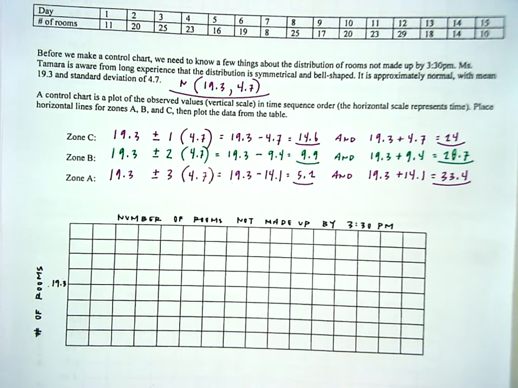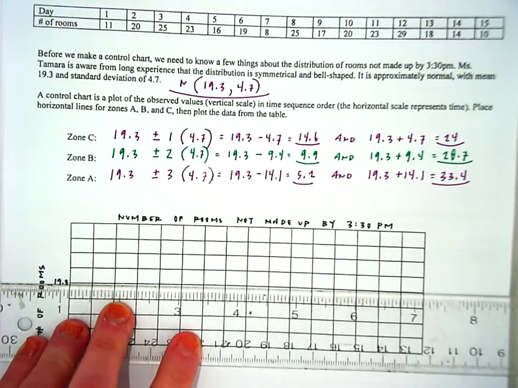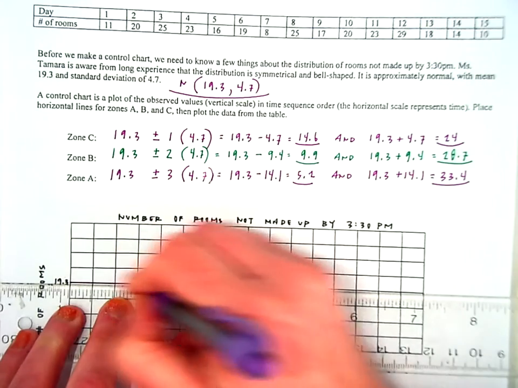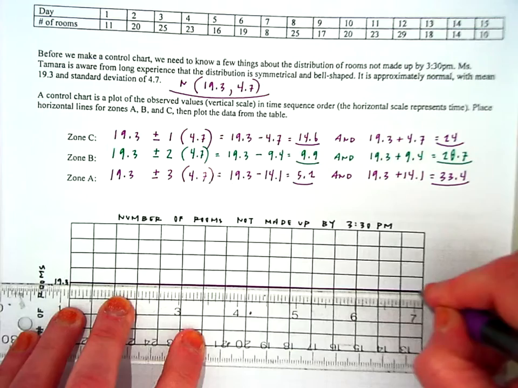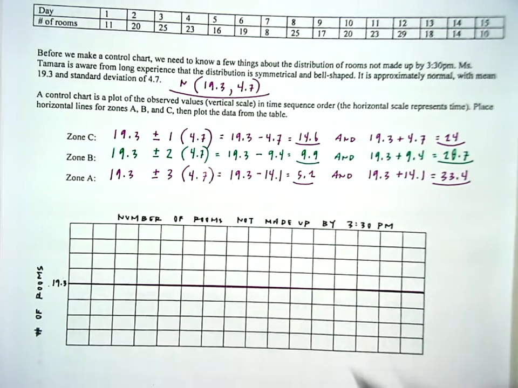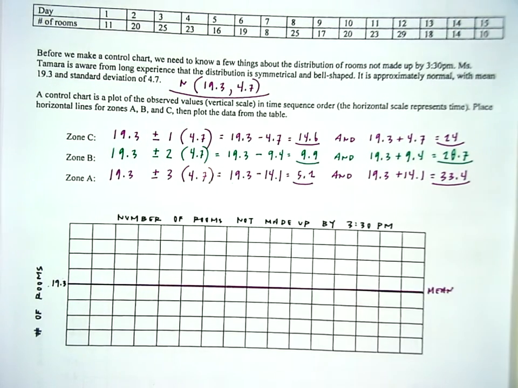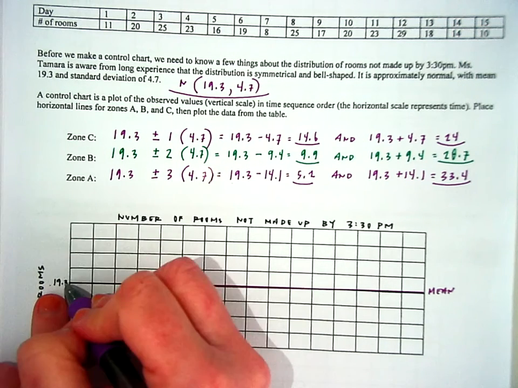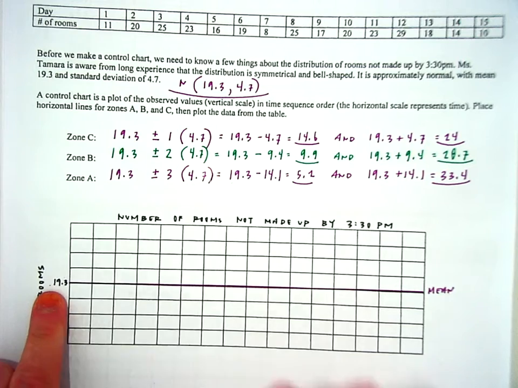So right in the middle, my center line is always my mean. So right here where my mean is, I'm going to darken that and make that a nice solid segment. I'm just reminding you that that is where the mean is right here. And then as I move away, I'm just moving in increments of standard deviations. So as I mark the above region, I'm just going up in increments of 4.7.